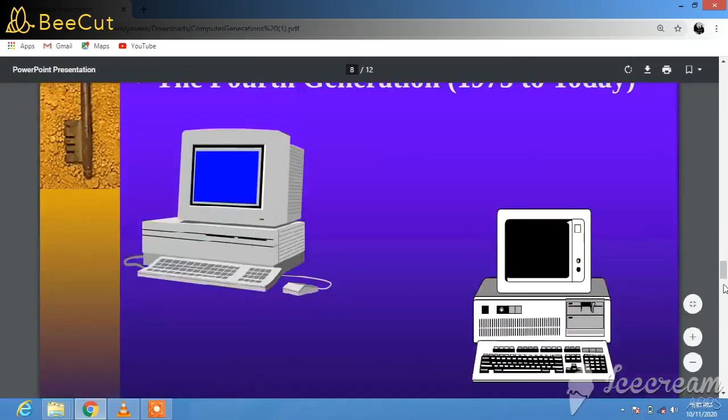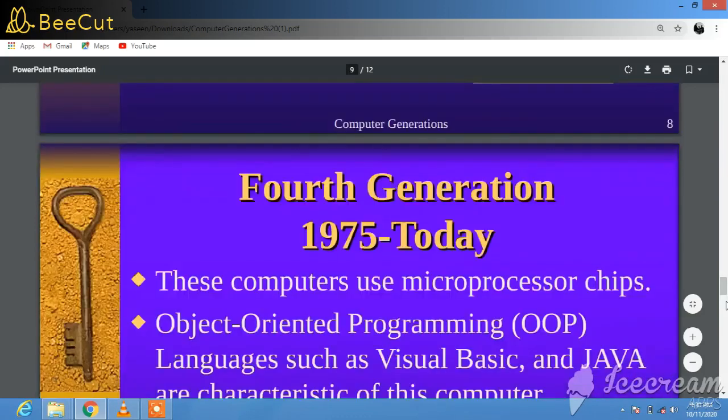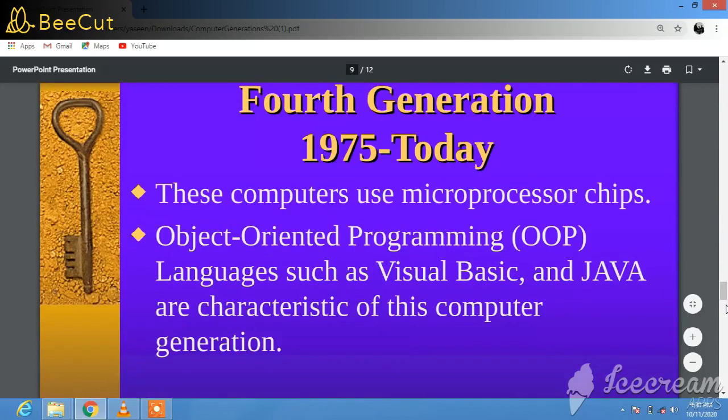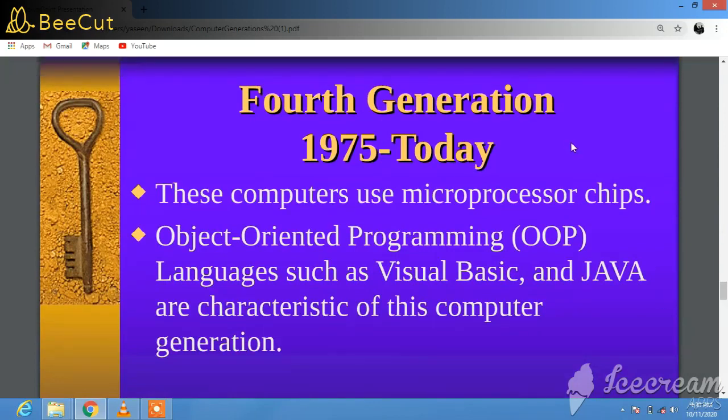Fourth generation starts from 1975 and ends in 1980. In the fourth generation, the computer uses very large-scale integrated circuits. A very large-scale integrated circuit has 5,000 transistors and other circuit elements.